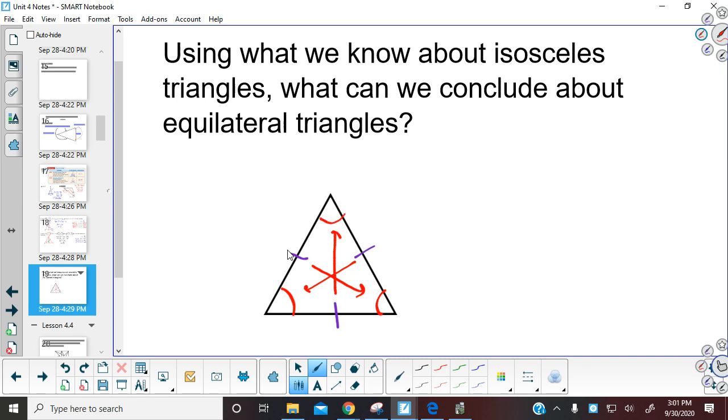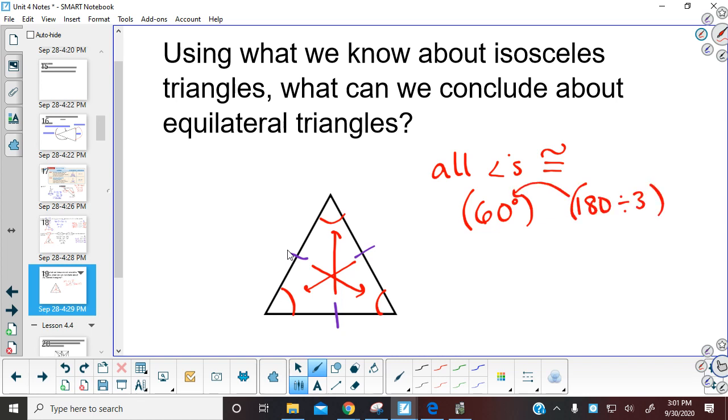So not only are your sides congruent, but all angles will also be congruent. And specifically, all of those angle measures will be 60 degrees because all together they have to equal 180, and 180 divided by 3 is going to give you 60 for that angle measurement.